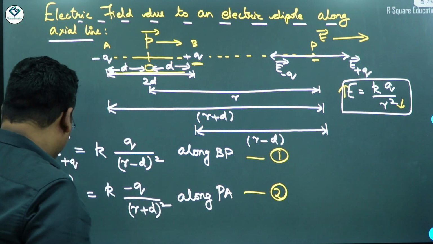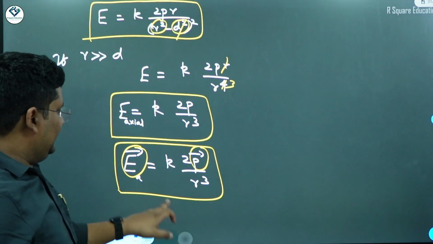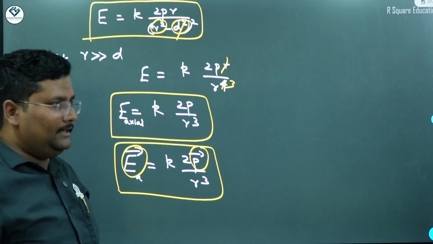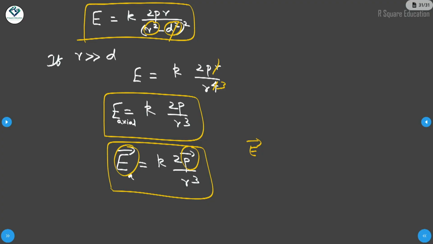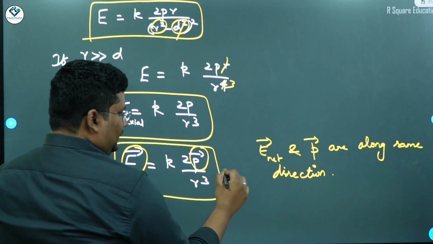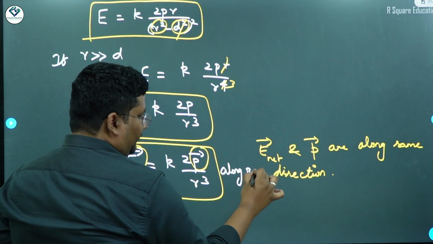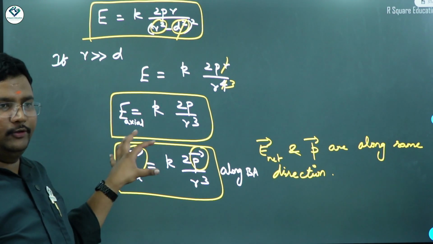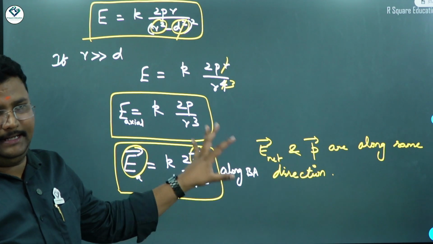So finally the direction of the electric field is positive. Is that clear? Right? So write this down. Electric field, net electric field and dipole moment are along the same direction. Which direction? Along BA, correct? Yes.